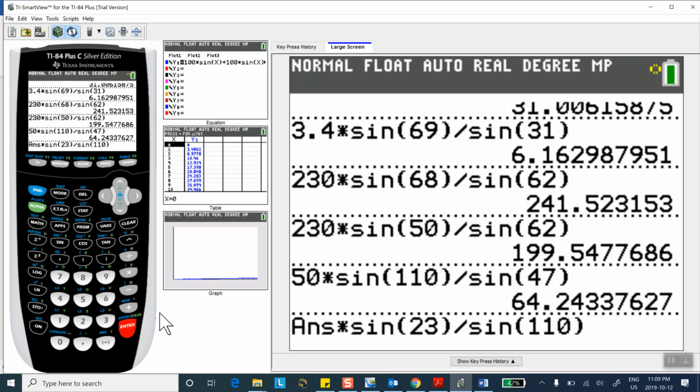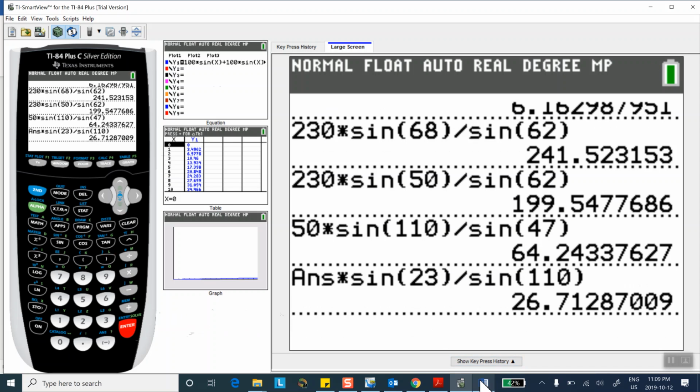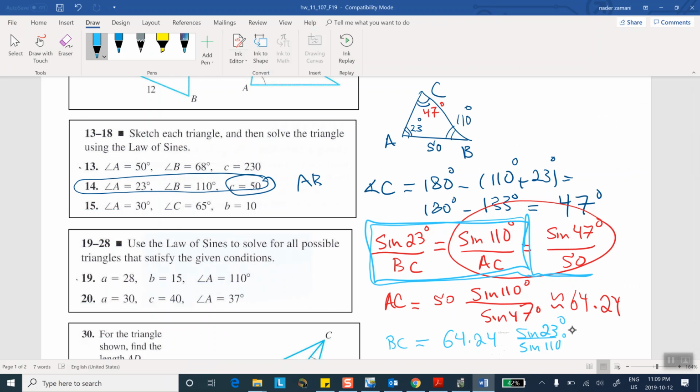And that is going to be approximately 26.71. And that takes care of all the angles and all the missing edges.